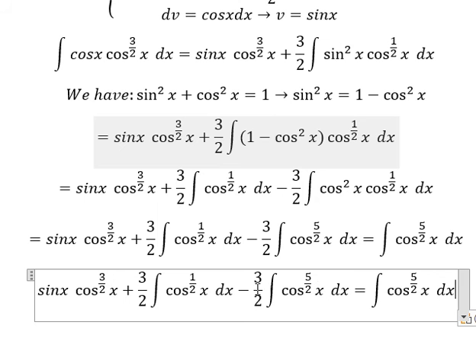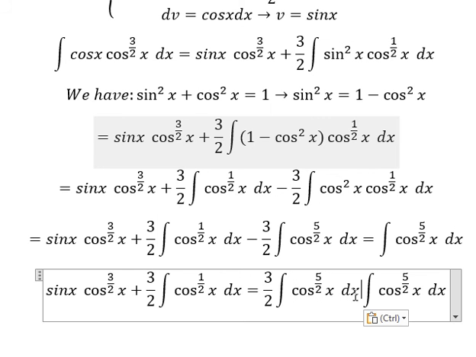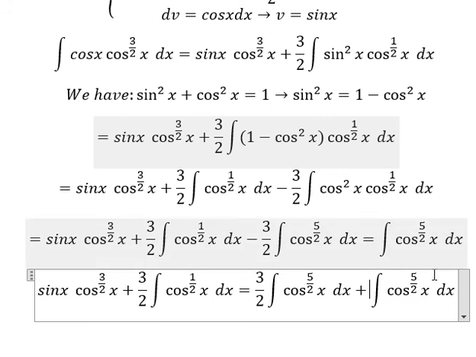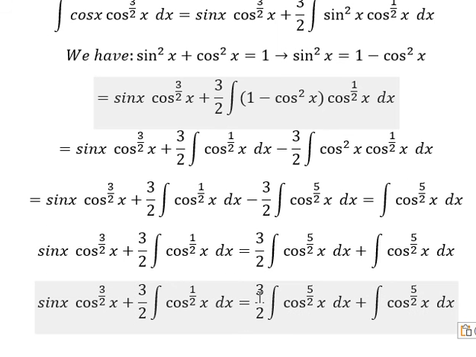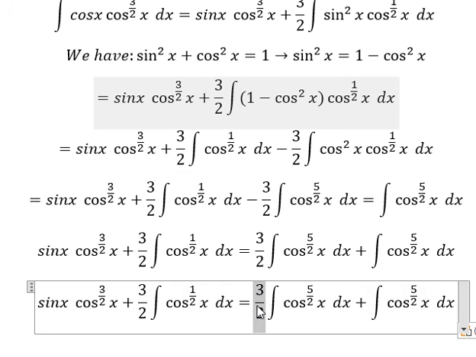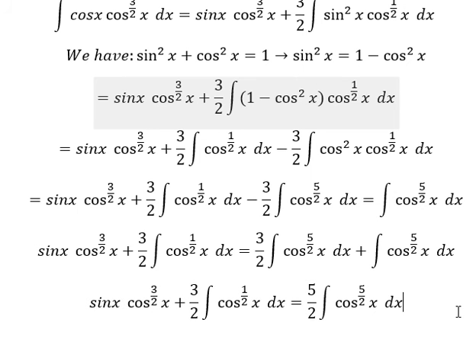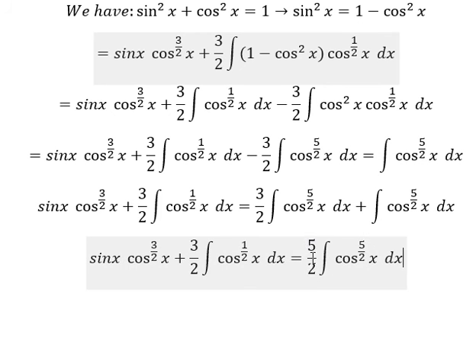Now, I will put this one go to the right. And we have positive 3 over 2. So 3 over 2 plus 1, we have 5 over 2. And later, we divide both sides by 5 over 2.